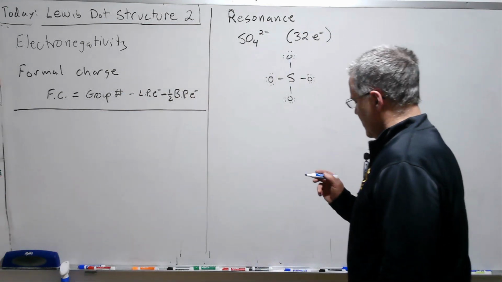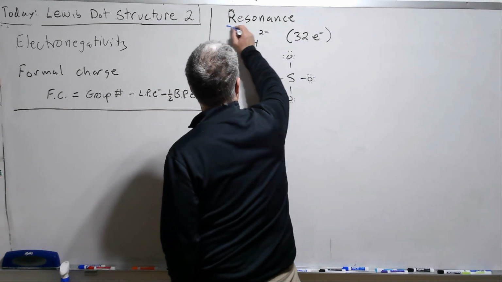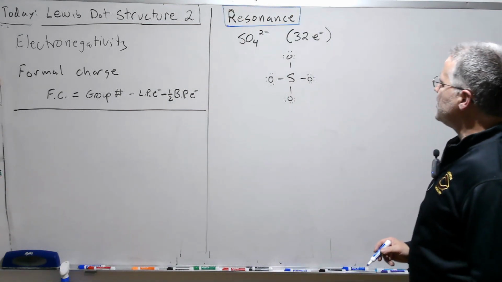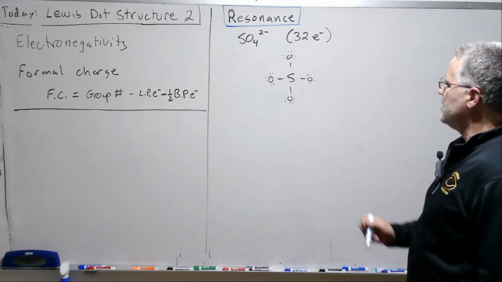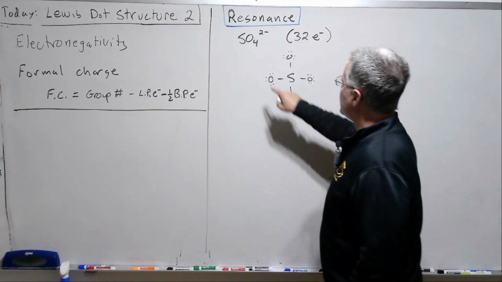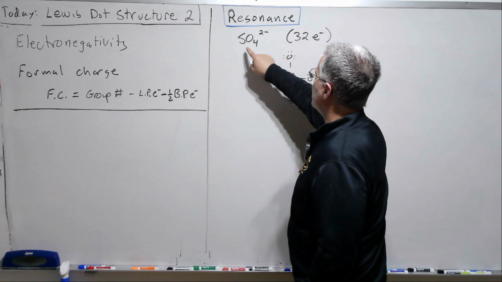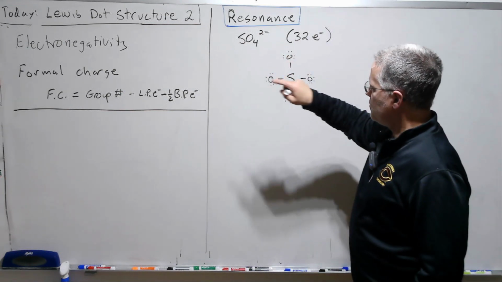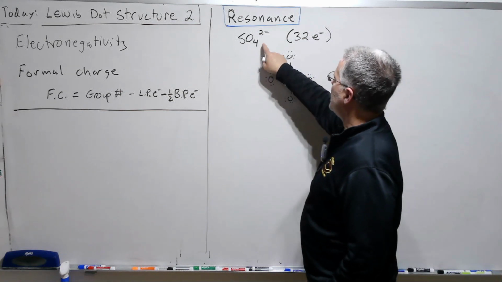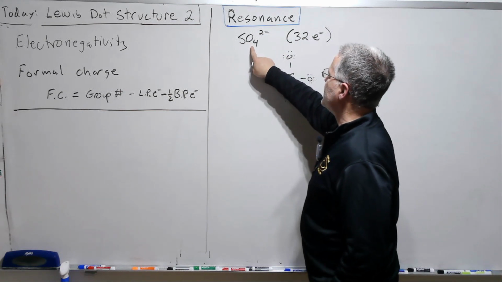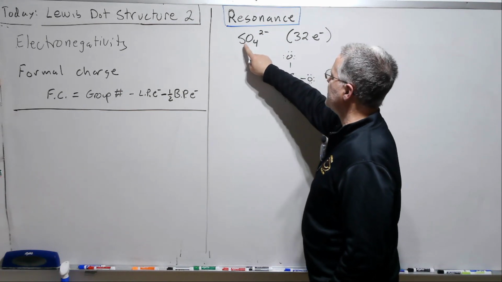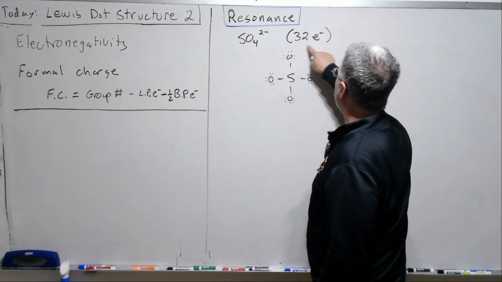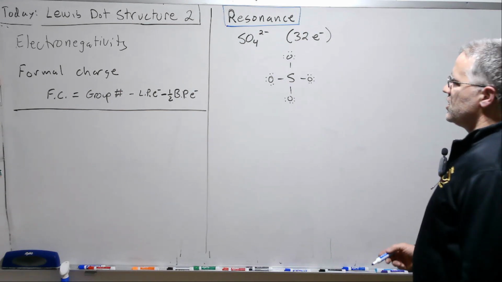structures. Now the next important topic we're going to talk about is resonance. And this is a little harder to understand but very critical. So let's imagine this polyatomic ion, the sulfate ion, SO4 2-. And so if we look at this, from the 4 oxygens, that's 24 electrons, 6 from the sulfur, that's 30, then a -2 from the overall charge, that's a -32 overall charge.